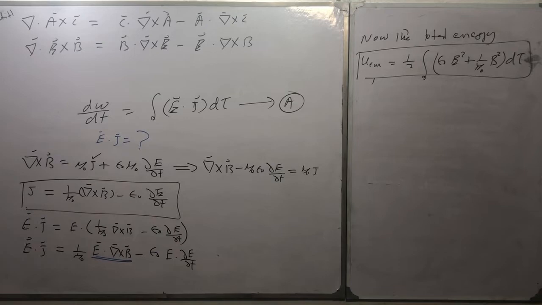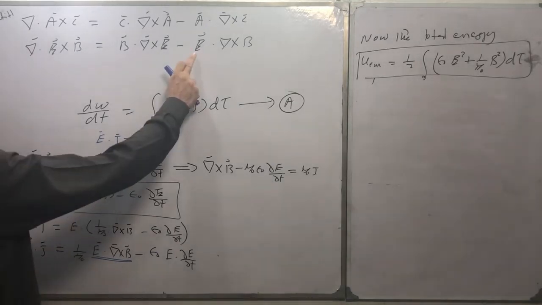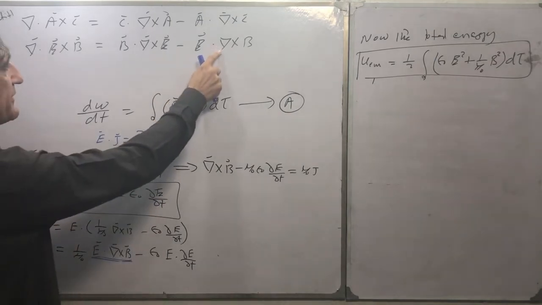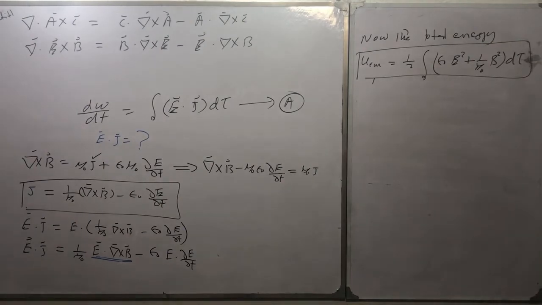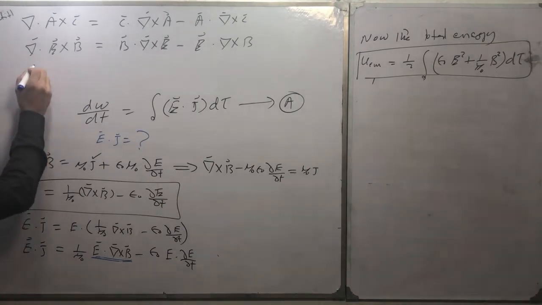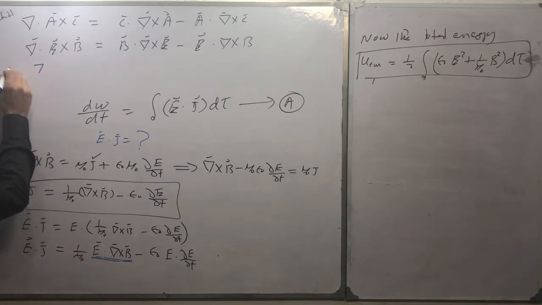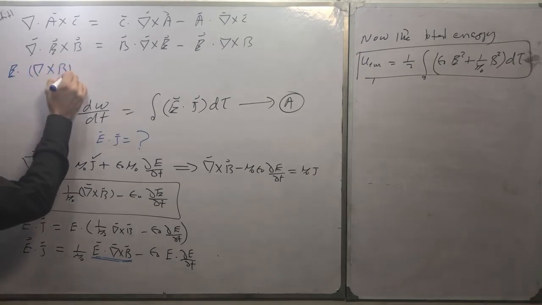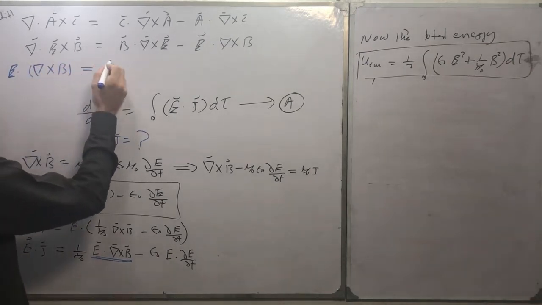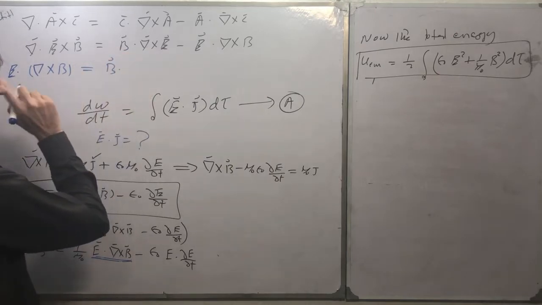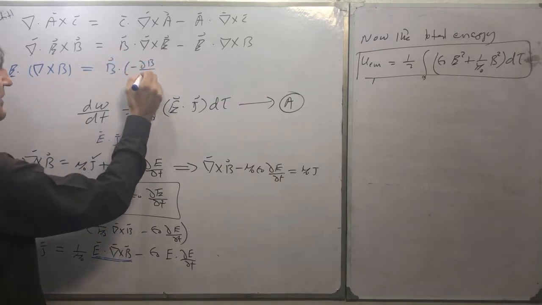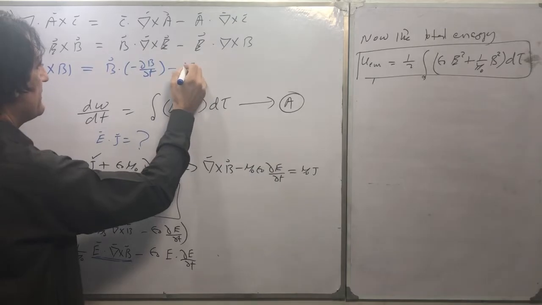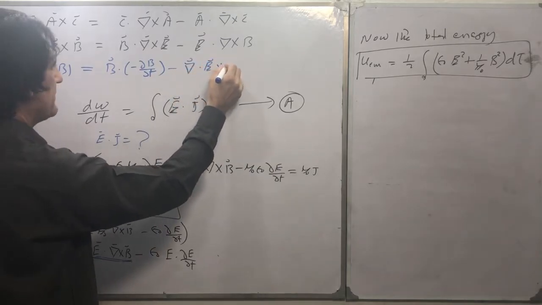If we compare, we need the term E dot (del cross B). If we find this term, then E dot (del cross B) will be equal to B dot (del cross E), which by Faraday's law is minus partial B divided by partial t, and the other term goes to this side: minus del dot (E cross B).